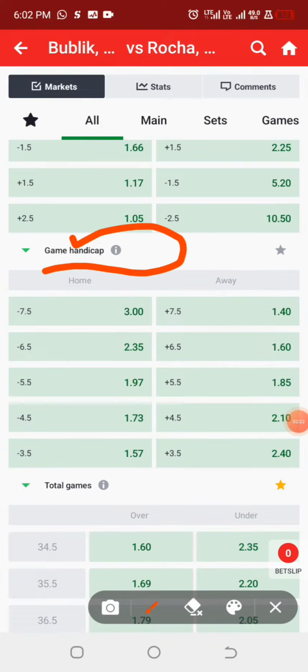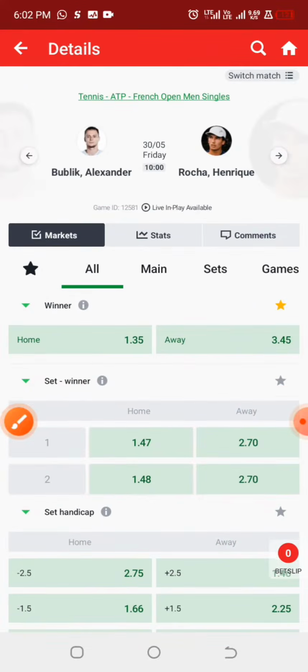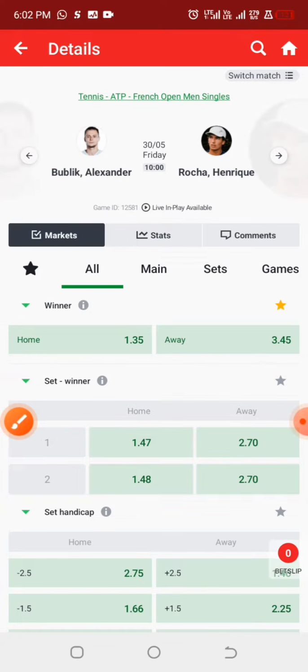On the other hand, we have the game handicap, that is the total point handicap of the match for each player. On this side we have plus 3 up to plus 7, and on the other side minus 3 up to minus 7, and that gives the away player, whom the bookmakers allocated 3.45, a point advantage.